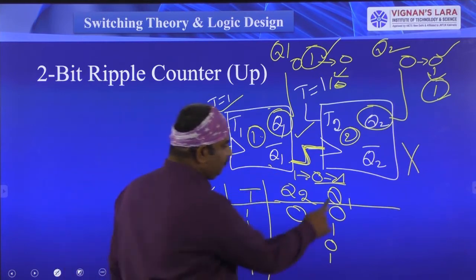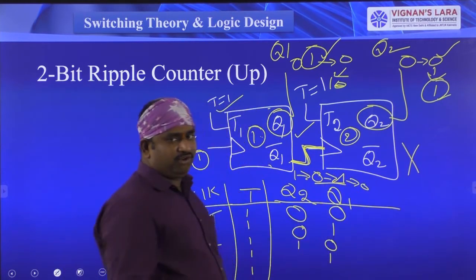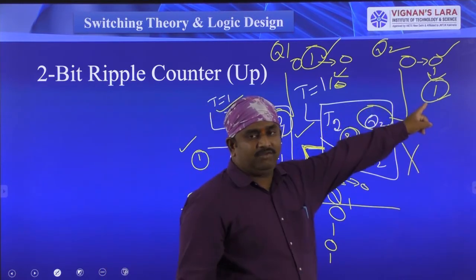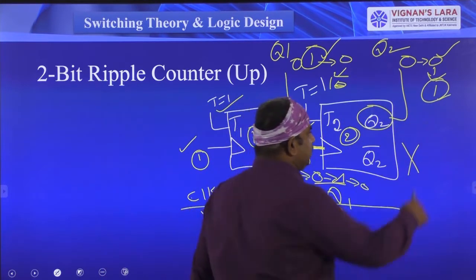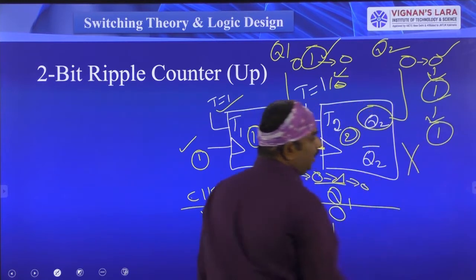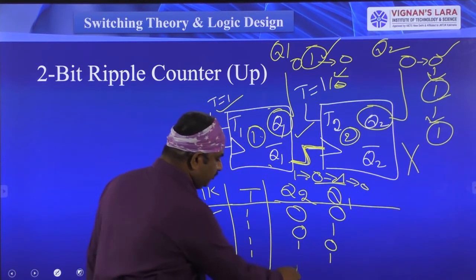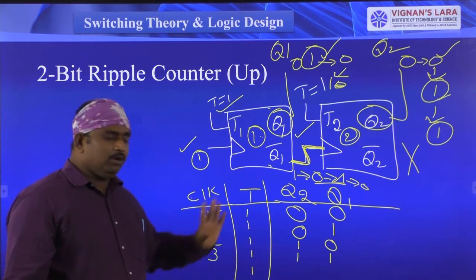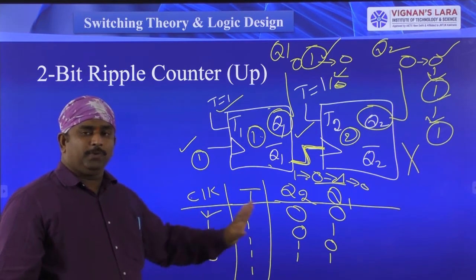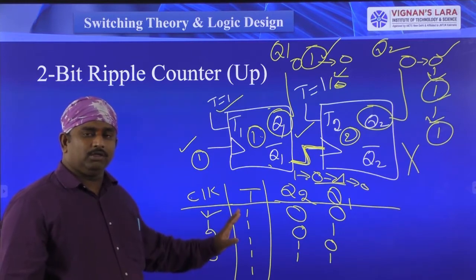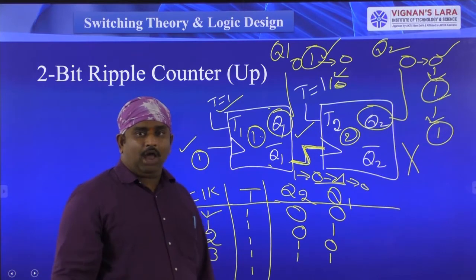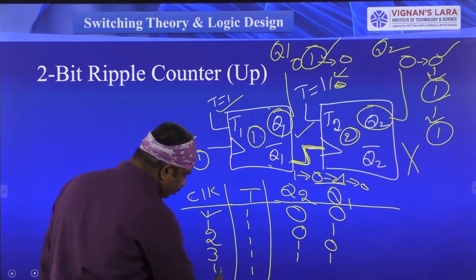When it is shifting from 1 to 0, this flip-flop is not going to working condition. The previous output follows to the present output. The 1 is followed to the output. Now the output of this one is equal to 1. So this is the output behavior of this Q1 and Q2 flip-flops when you are giving the clock pulses. Now, again you have to give the fourth clock pulse.